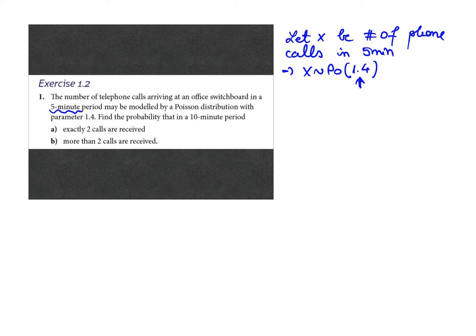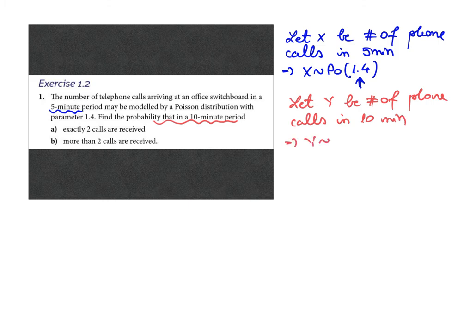The question is interesting because they asked me the probability of what happened in a 10-minute period. Therefore, I will call another variable Y, which is the number of phone calls in 10 minutes. Now, Y will itself be Poisson of 2.8.